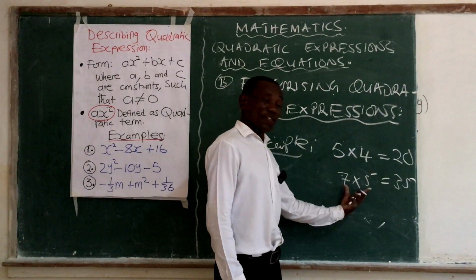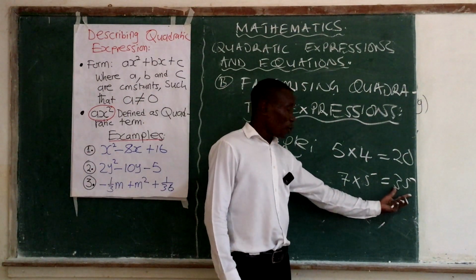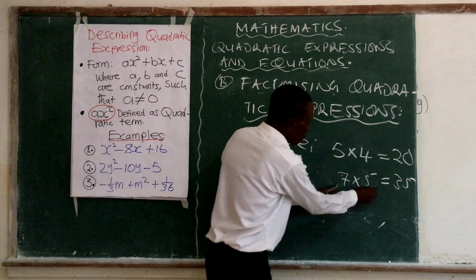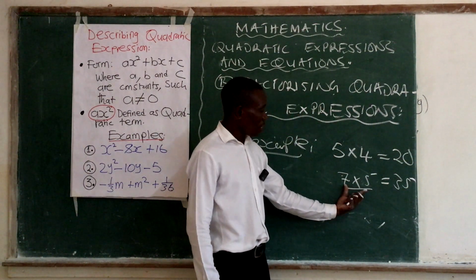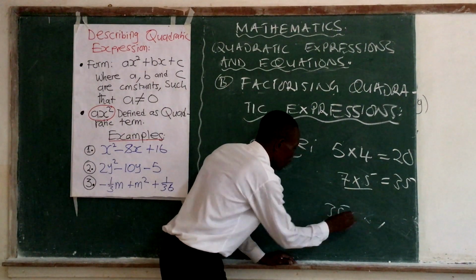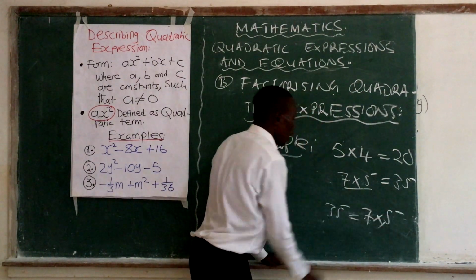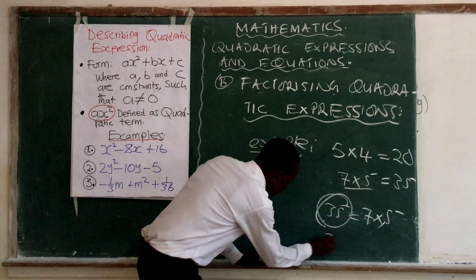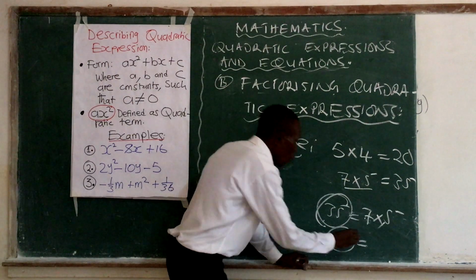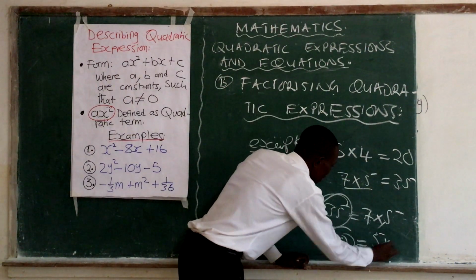These numbers are defined as factors of this. So when I write 35 in this format, it means I've written 35 in factor form. So when I write again here, 35 is equal to 7 times 5, it means I have factorized 35. I'll write again 20 in the form of 5 times 4.